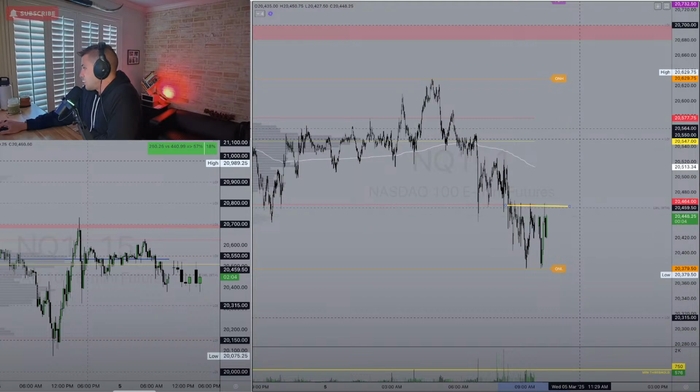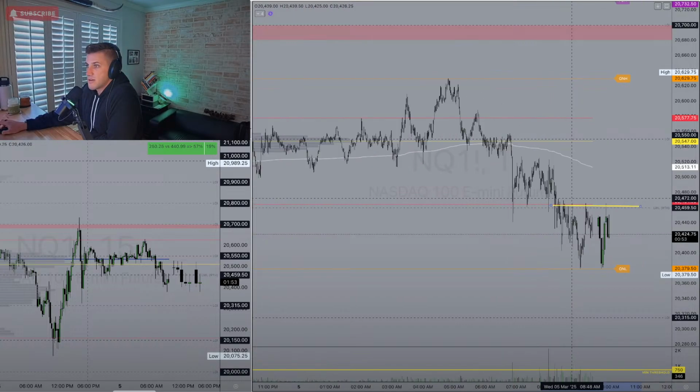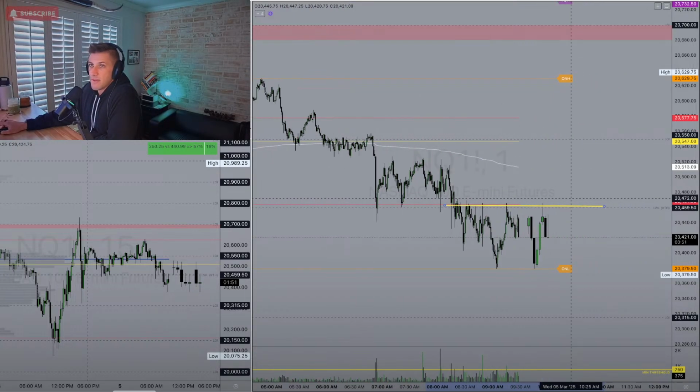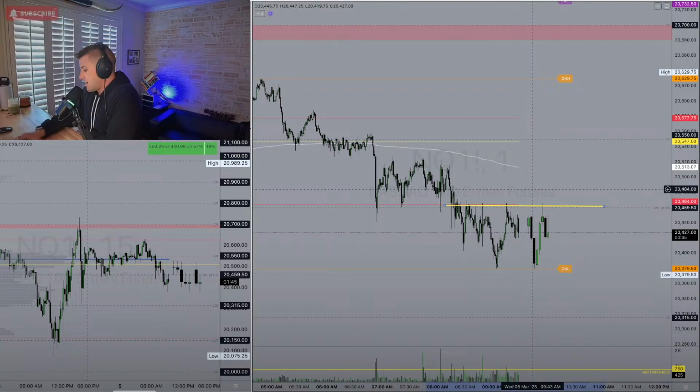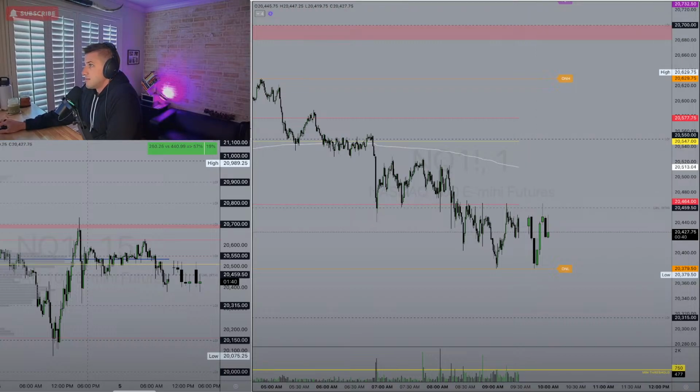We do also have two data prints this morning, 9:45 and 10 a.m. So given location, I'm not going to be in a big rush off the open here. I want to see how that intraday structure starts to build out and see what we're going to be working with as we get into, maybe 9:45, maybe 10 a.m. So we got the open here in about 90 seconds. Let's see what we get here.